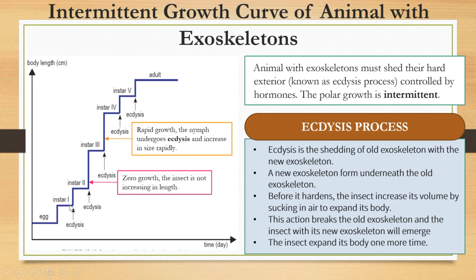After instar, ecdysis will occur, the shedding of the old exoskeleton with the new exoskeleton, and it will show rapid growth and increase in size rapidly. That is what you have to know about the intermittent growth curve of animals with exoskeleton.